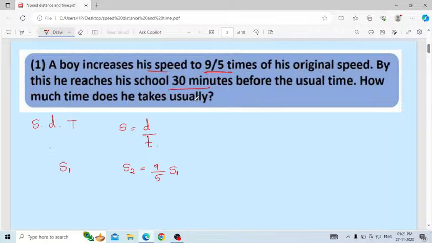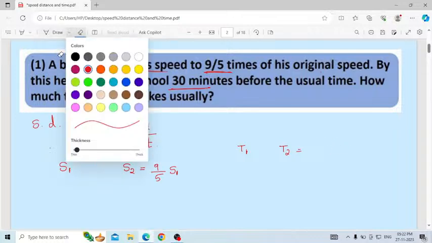The time before, consider the time as T1, the before time. Then T2 will be the change in time, it will be 30 plus T1. Why 30 plus T1? Because 30 minutes before the usual time. Before means we have to do subtraction, late means you have to add.